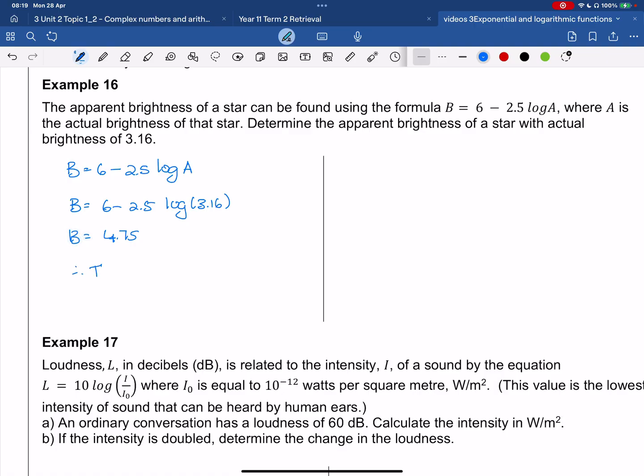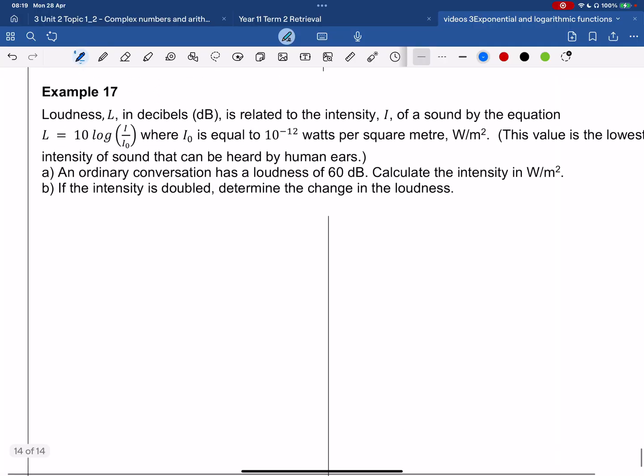Okay, so therefore the apparent brightness is 4.75.